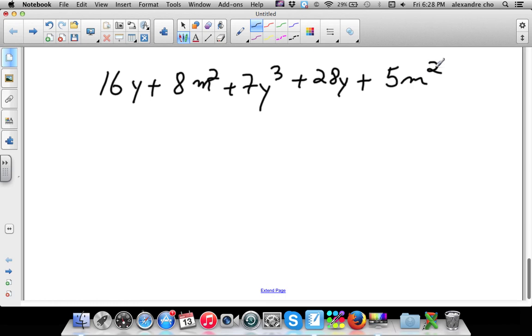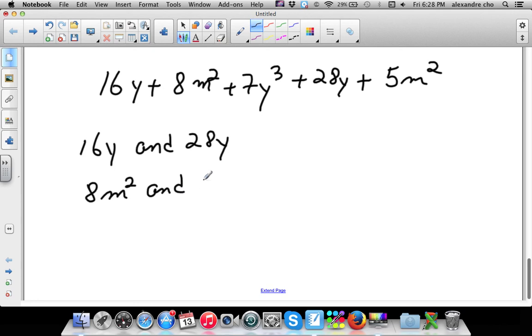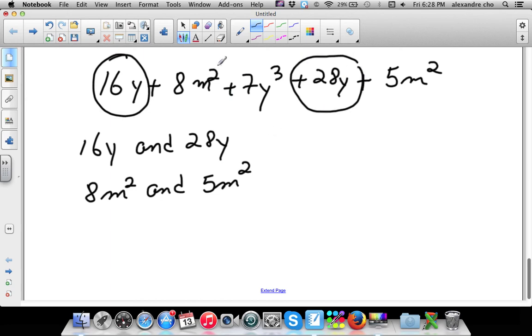So, like terms: 16y and 28y are like terms. Let's see, 8m squared and 5m squared.